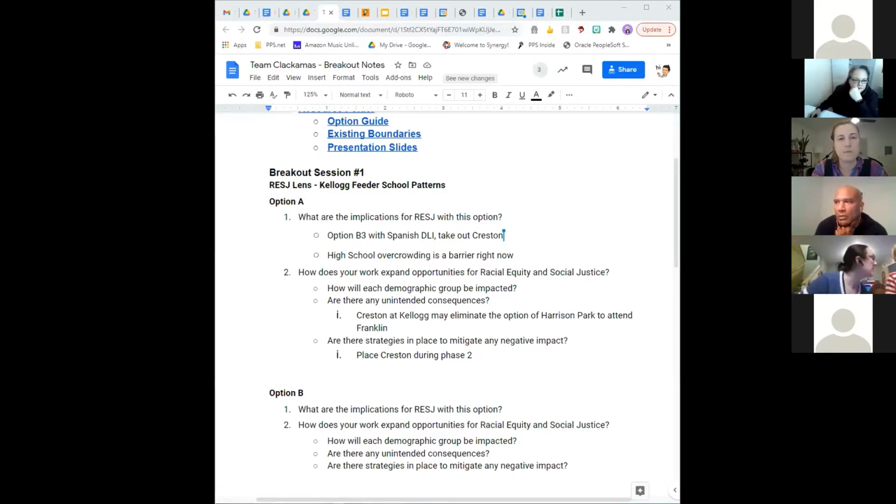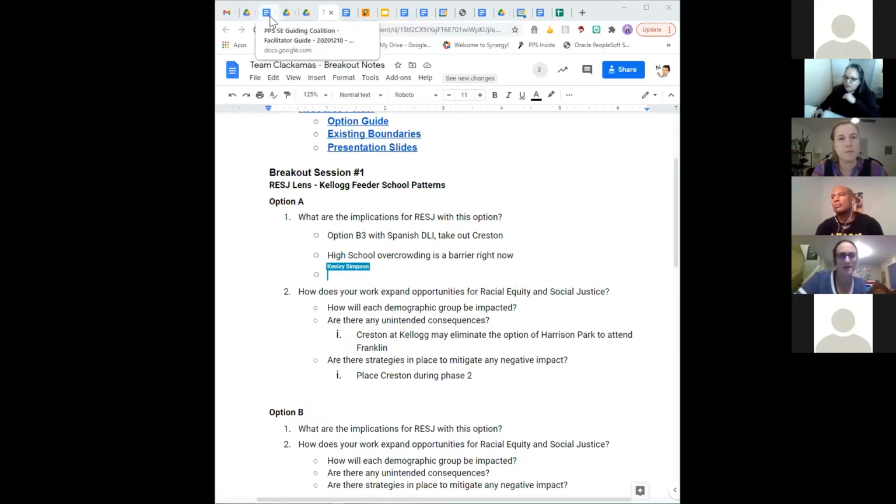Any other thoughts about A? Well, I think A ends up being too high, we're going into Kellogg with too high a percentage. I would assume we could get some data on what that bump is, what percentage bump happens when we open a new school.